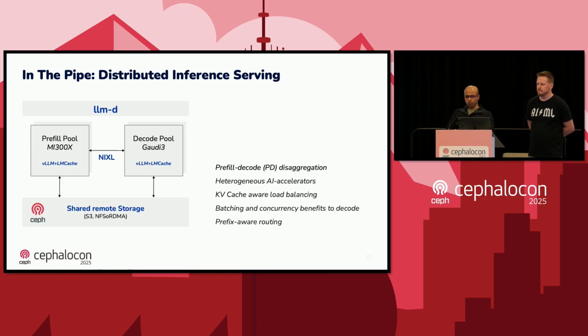So our next foray in this environment is a pre-fill decode disaggregation in a heterogeneous environment, where we are trying to showcase the benefits to both the pre-fill side as well as the decode side by utilizing KV caching. Anything else to add?